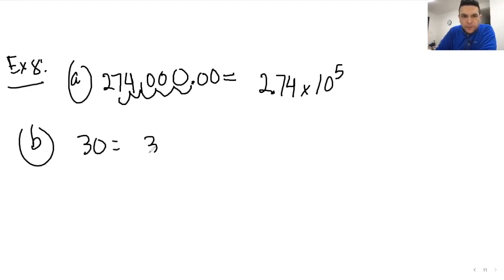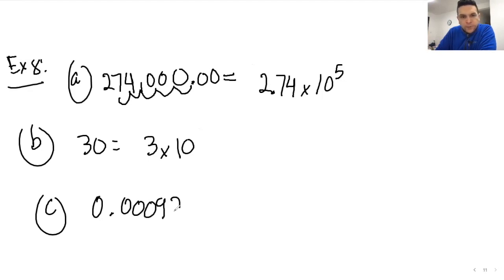This is easy, right? 3 times 10 to the first power. C, we got 0.00092. So again, we got to move it now to the right. So 1, 2, 3, 4. 9.2 times 10 to the -4.